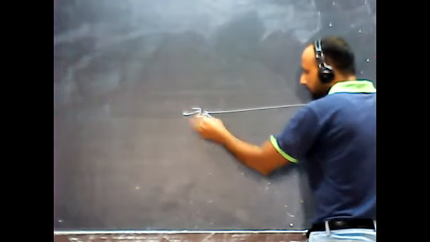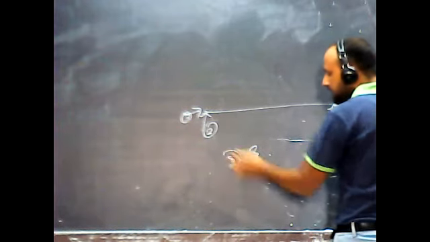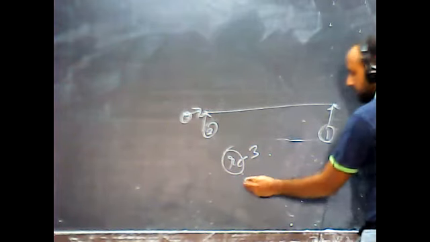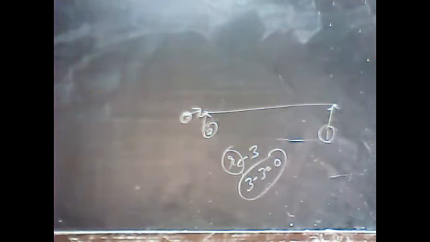One is horizontal, the other is vertical, and there is a roller support which provides a reaction perpendicular to the surface. So just count the number of reactions: 1, 2, and 3. And how many equilibrium equations do we have? R minus 3, where R is basically the number of reactions. Total number of reactions 3 minus 3. My structure is determinate. It's stable and determinate.